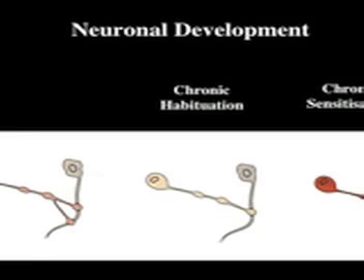We also, with time, get changes in neuronal development, so that if this is the control model, with the interneuron having 2 connections onto the axon, in the case of chronic habituation, we get a reduction in the number of synaptic connections, and in the case of chronic sensitization, we get an increase in the number of connections. So we've got 2 changes there which are complementary.